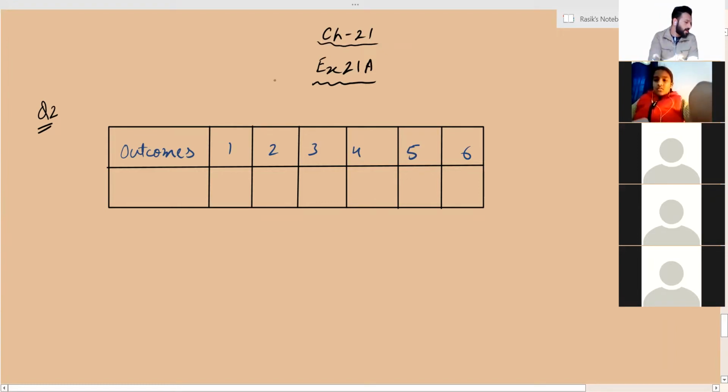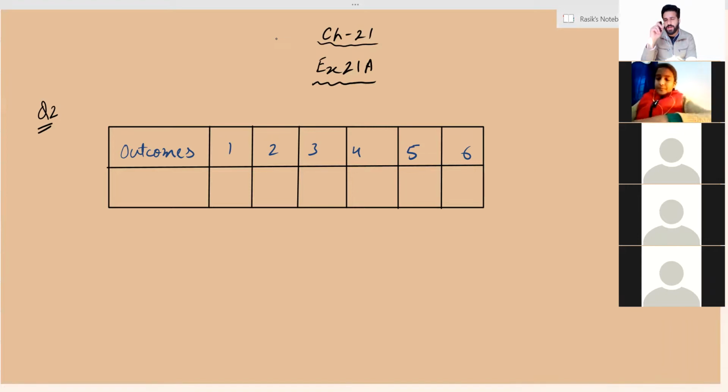So here in the question, please keep your mics off, everyone. Here in the question, there was a die. It was thrown 20 times, and then the following outcomes were recorded.